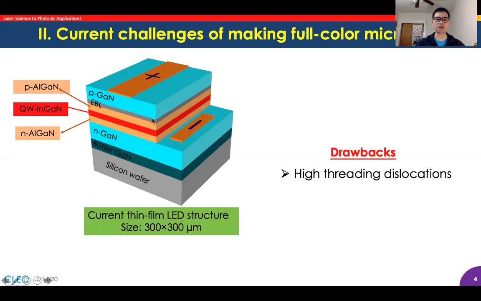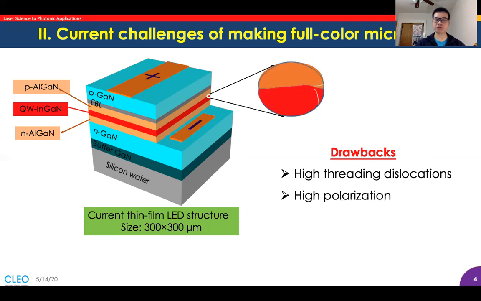Second, when we look at the active region, at the InGaN/GaN interface, deformation happens. That creates high polarization in the structure. Due to such drawbacks, this structure is limited to blue LEDs only, because at the high indium composition needed for green and red LEDs, the structure doesn't work well.